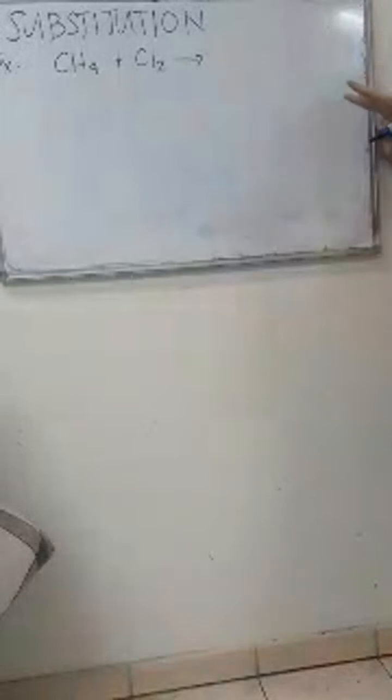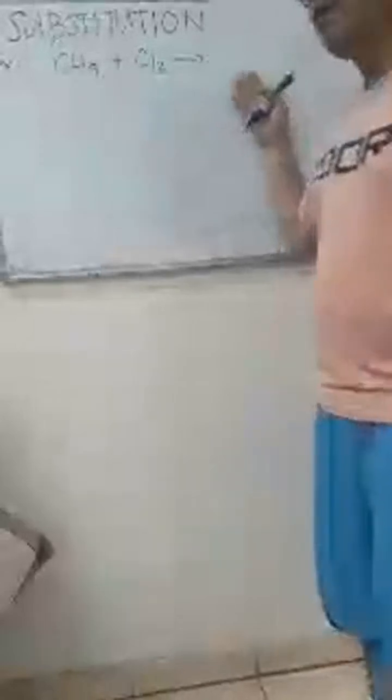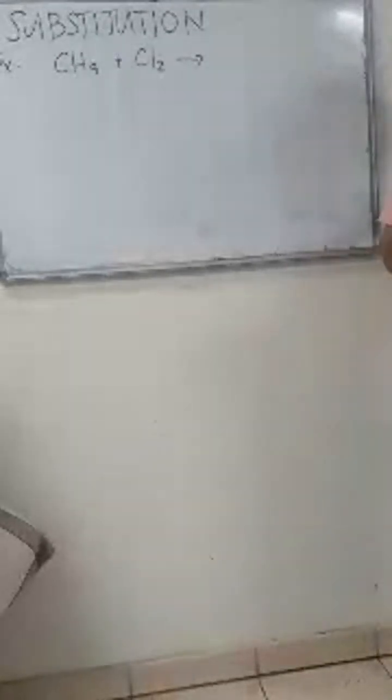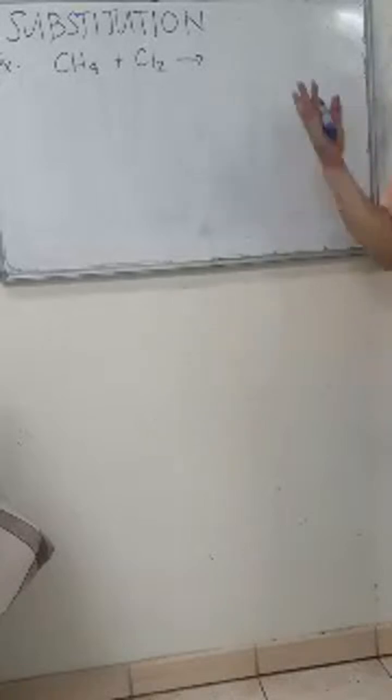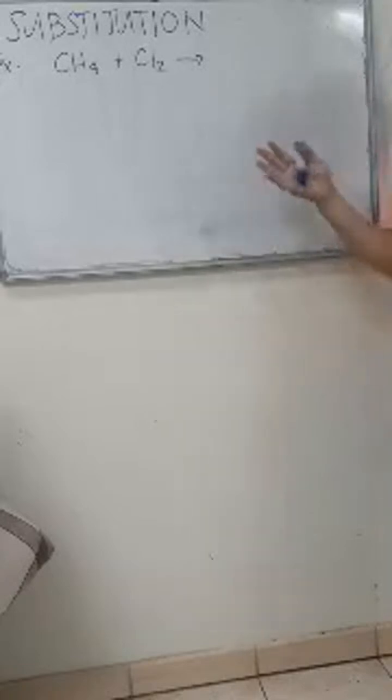Let's assume that we don't know our products yet, but if you try to picture it, then you can have the specific products. In order to predict the products, we need to put this in a structural formula first.